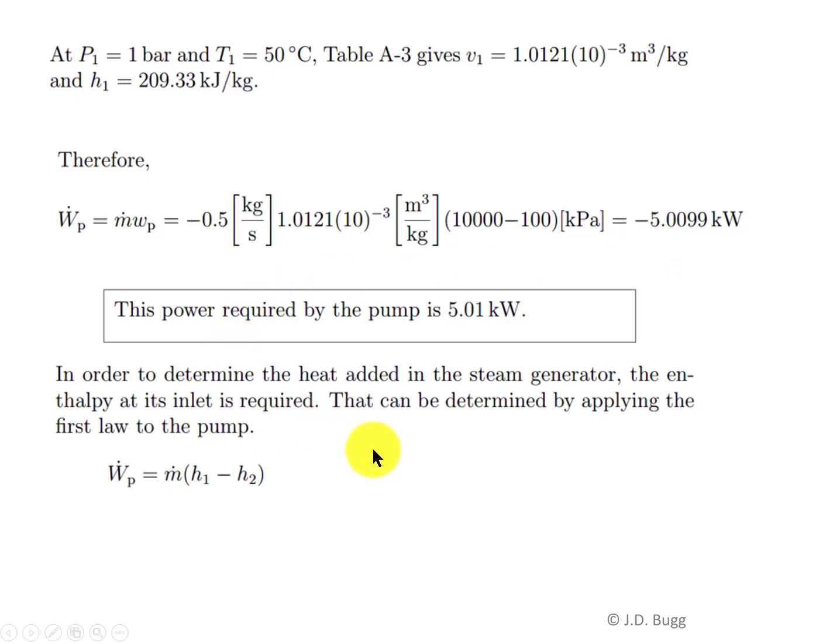So that's what we're going to do next. In order to determine the heat added in the steam generator, the enthalpy at its inlet is required. And this can be determined by applying the first law to the pump. So when we apply our first law to the pump, we get the power of the pump equals minus m dot (h1 minus h2). And we know everything in this equation except h2. So here we've just rearranged it to solve for h2.